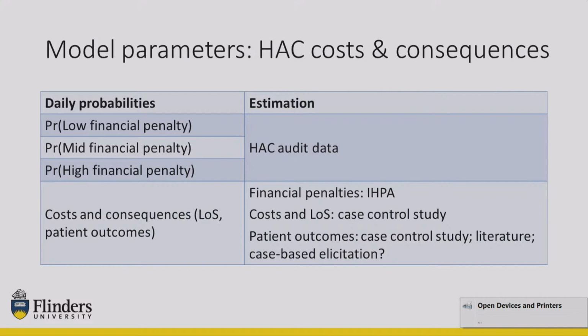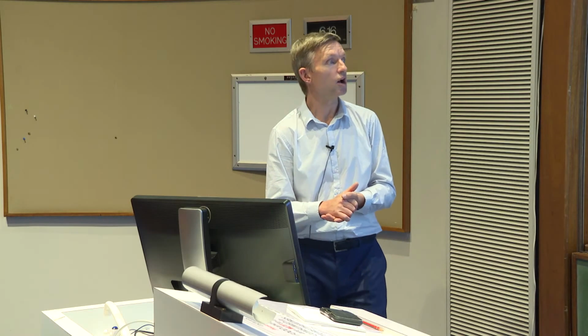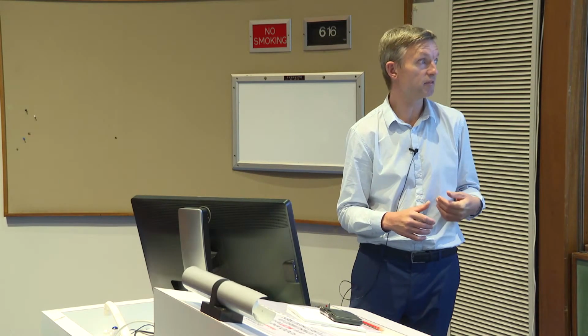So our cases are patients who've experienced hospital-acquired hypoglycemia, and we identify controls who have the same characteristics as those cases, but they didn't experience a hypoglycemic event. And we look at the differences in costs and length of stay between the cases and the controls. So that gives us an estimate of the cost and length of stay effects.